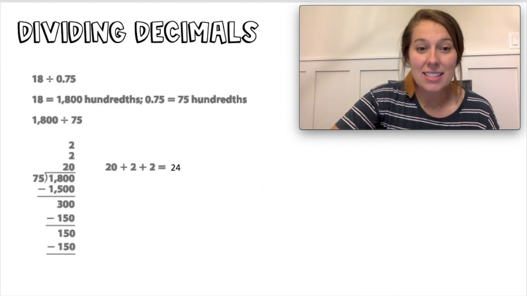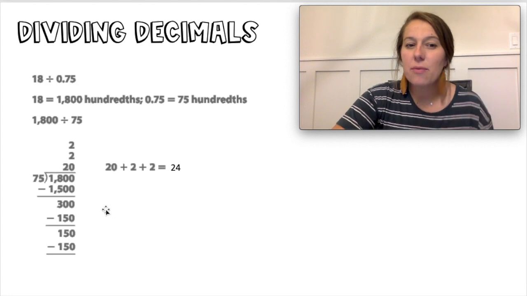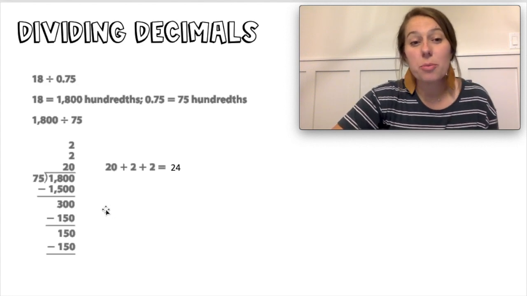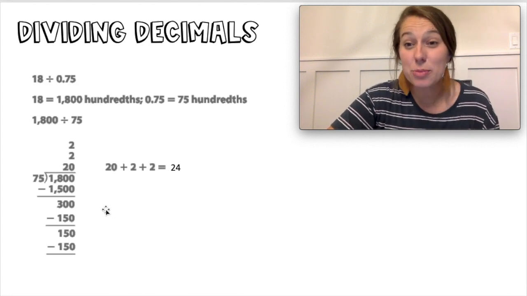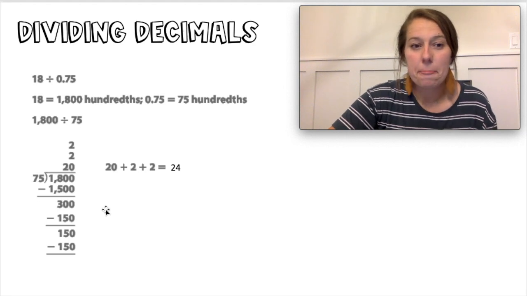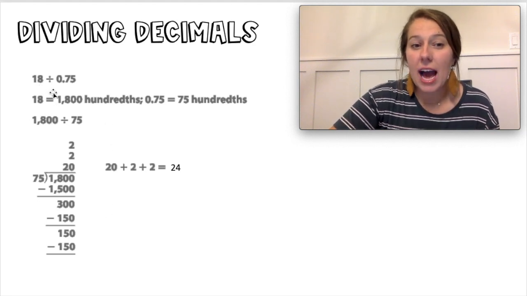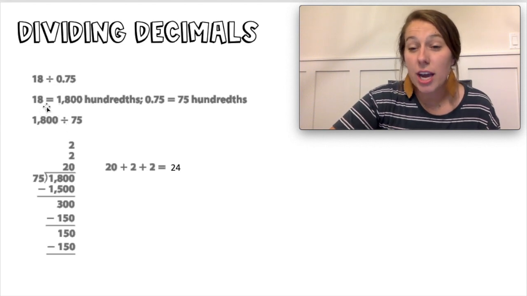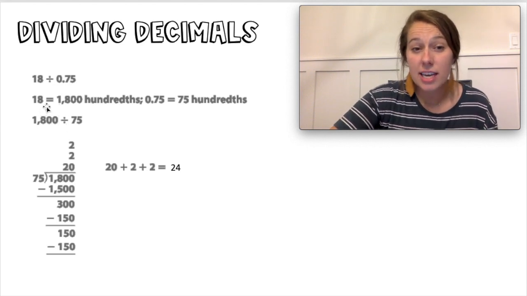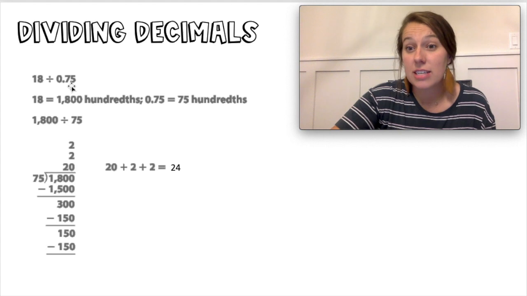Let's look at one more example. This is if you're going to set up your division problem and use partial quotients. So 18 divided by 75 hundredths. We're going to change that 18 into hundredths, because that is what our divisor is in.